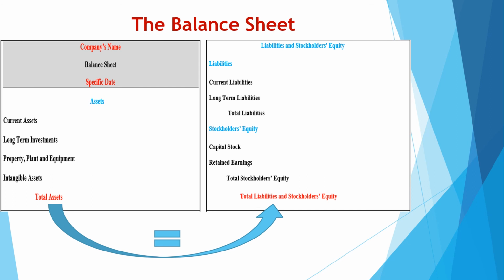The retained earnings ending is calculated in the previous financial statement, which is the retained earnings statement. Capital stock plus retained earnings gives the total stockholders' equity. Then we have to find the total of liabilities and stockholders' equity. This total should be equal to the total assets.